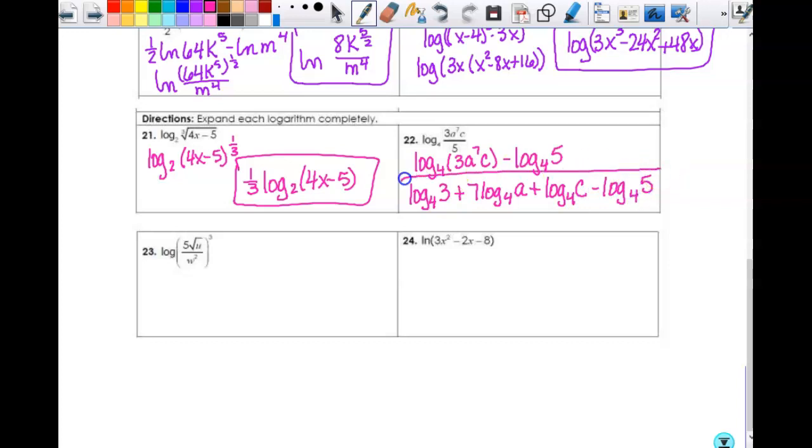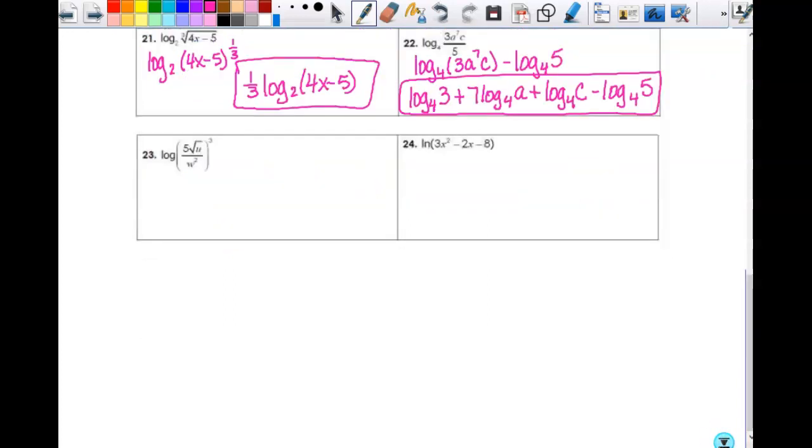All right, so 23, first of all, I'm going to distribute this exponent. It's going to make it way easier than me bringing it out front and keeping a bunch of parentheses. And when I do that, I'm going to change that root to a fraction as well.